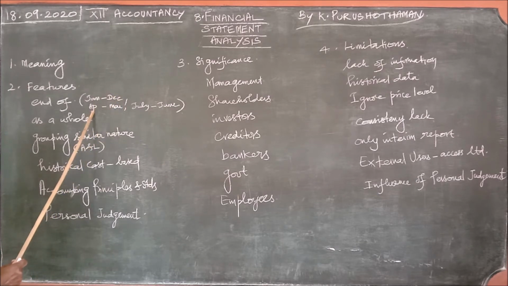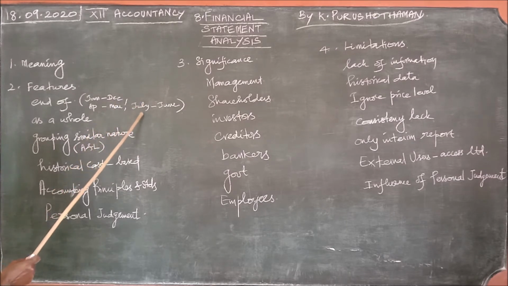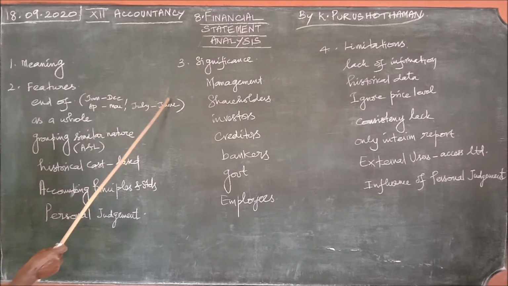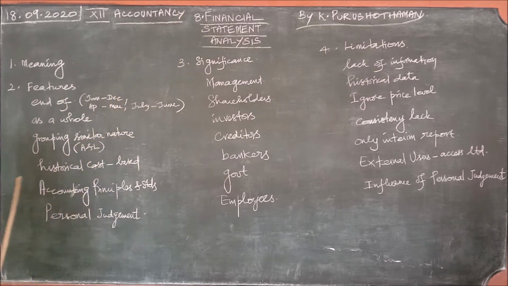If the duration of the business is April to March, at the end of March. If it is July to June, at the end of June, this financial statement is prepared. I said, what does the financial statement consist of? It consists of the manufacturing account, the trading account, the profit and loss account, and the balance sheet. All these items are prepared.